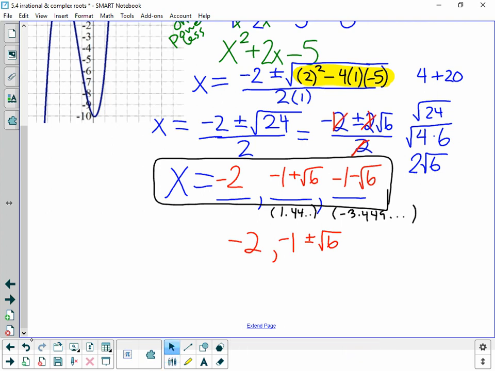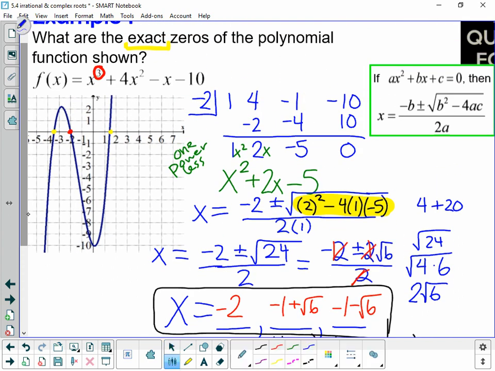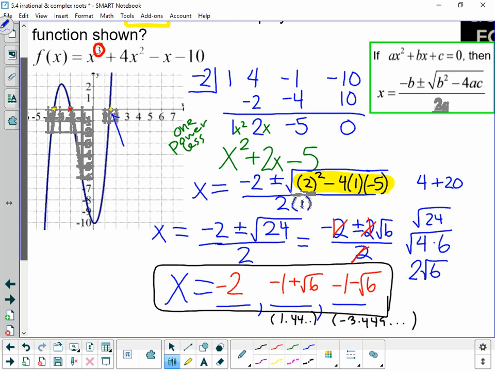So if you look back at the graph at the top here, you can see that those 2 values are on the graph. Here is the first one. This is negative 1 plus the square root of 6, which is about 1.44. This value over here is negative 1 minus the square root of 6, which is about negative 3.44.